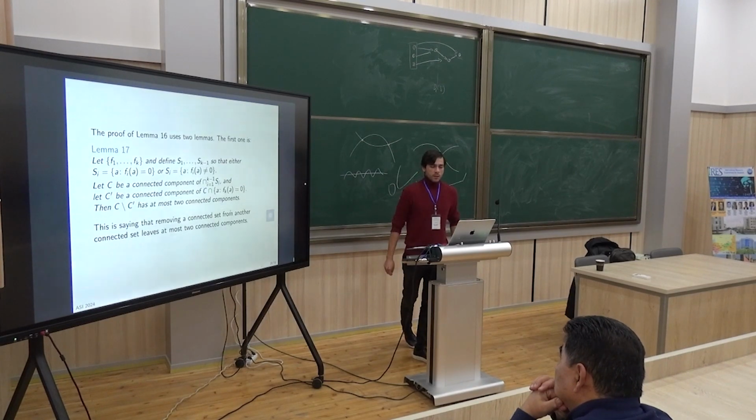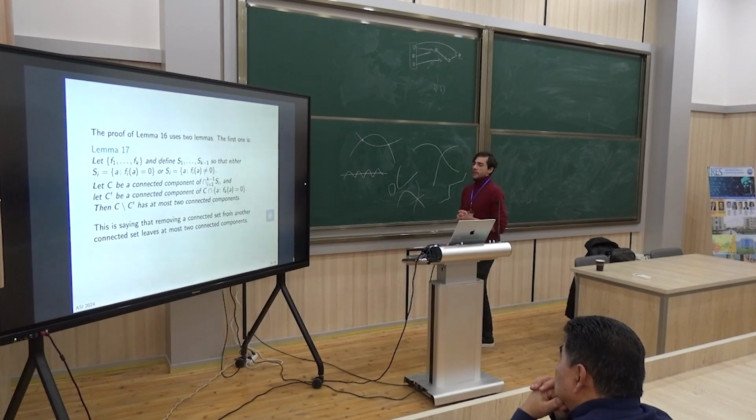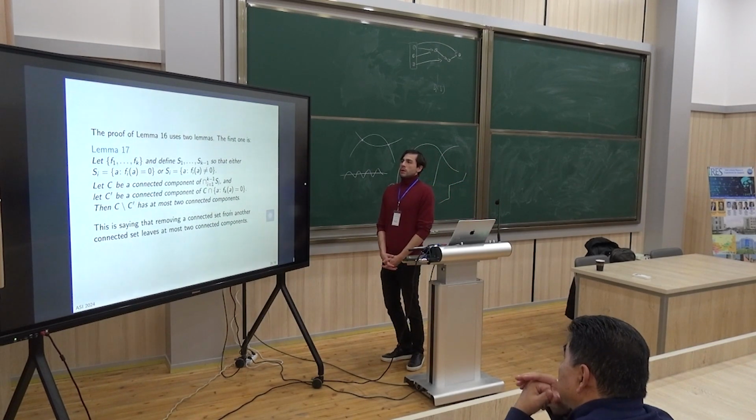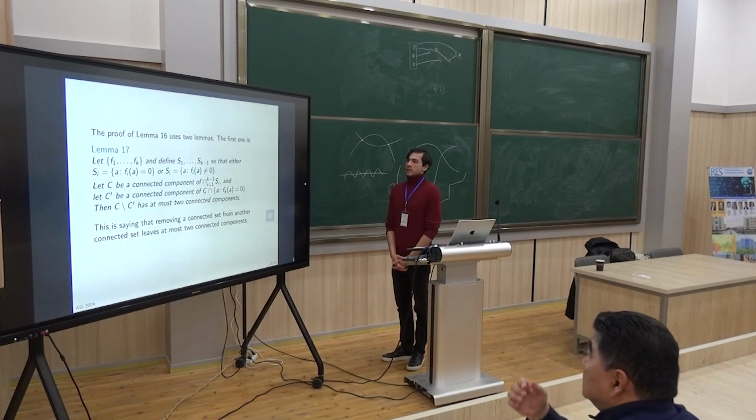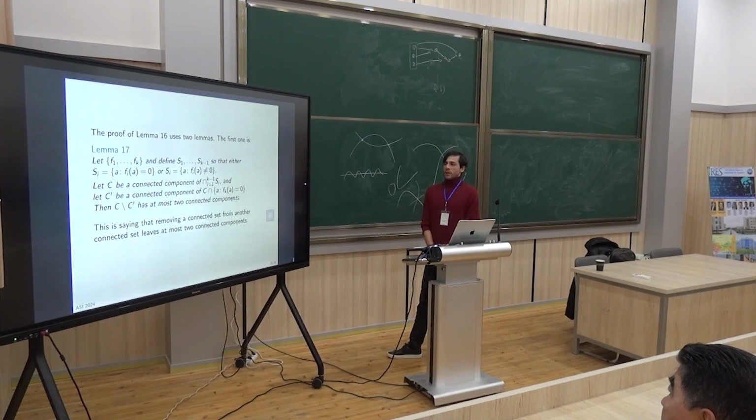All right, now in order to prove this, so it's kind of a direct proof, let's say, we're going to use 2 lemmas. The first one is this, and it says something very elementary, but it's very fundamental.